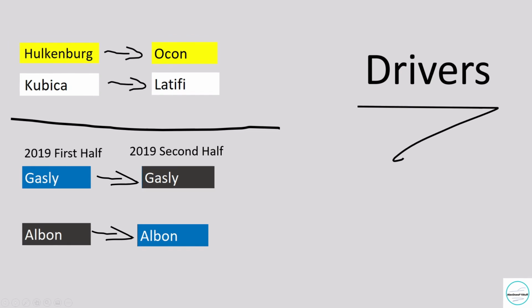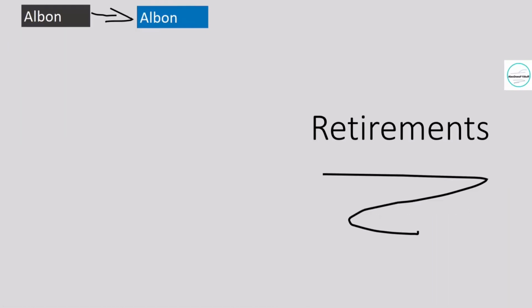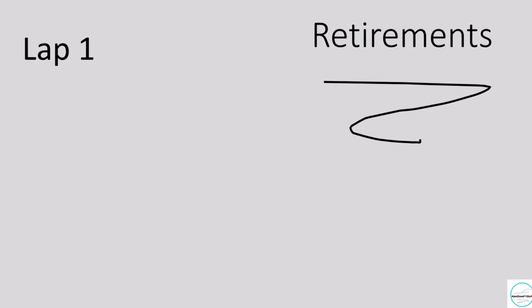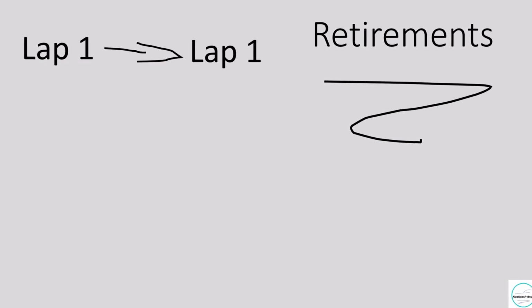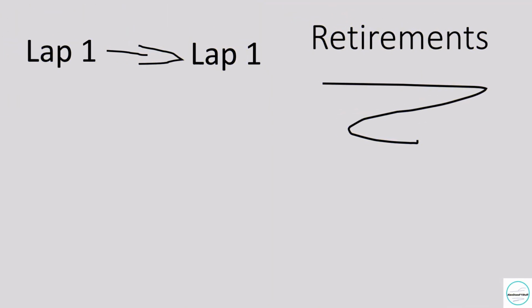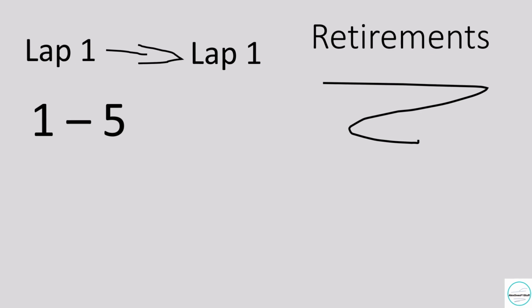And finally, for the assumptions, we move to retirements. Any retirement made on lap 1 in the 2019 season will unfortunately have to stay retired on lap 1, as I cannot accurately predict their new race time. And super finally, Excel will then choose a random number between 1 and 5, and these drivers will retire.